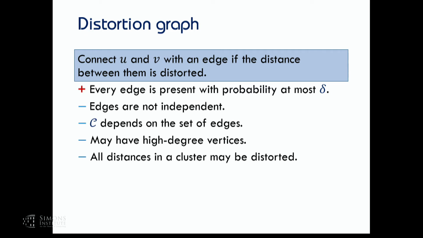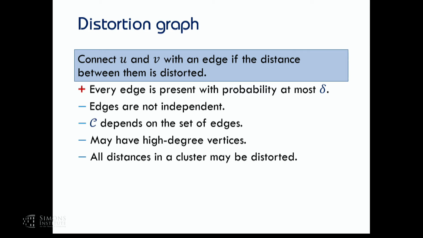Also, the bad news is that edges are not independent in this graph, and the clustering C depends on the dimension reduction, and in particular on the set of distorted edges. Our graph may have high-degree vertices, so many distances from a specific point may be distorted.